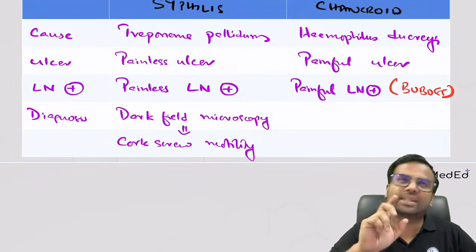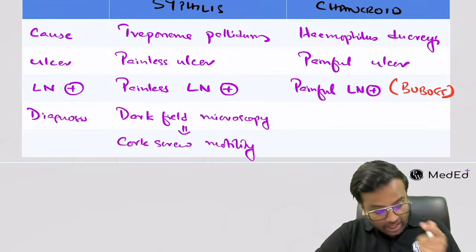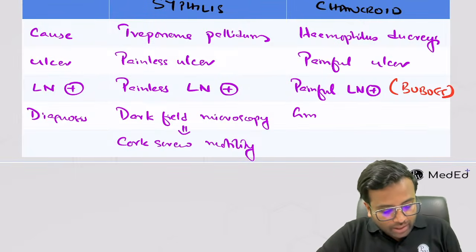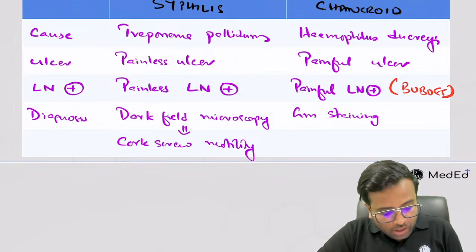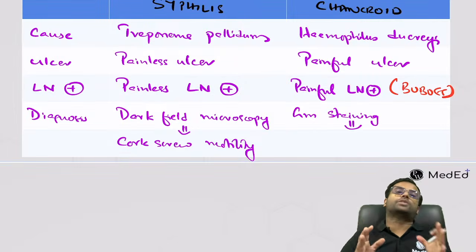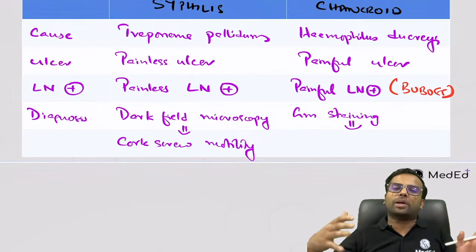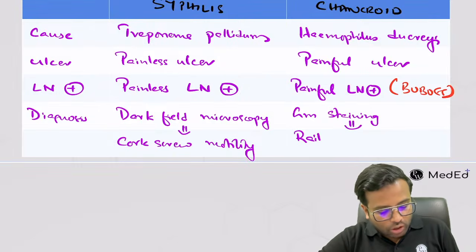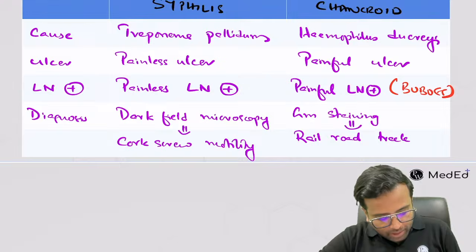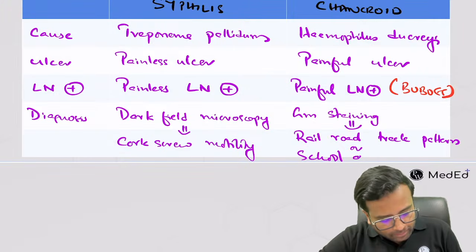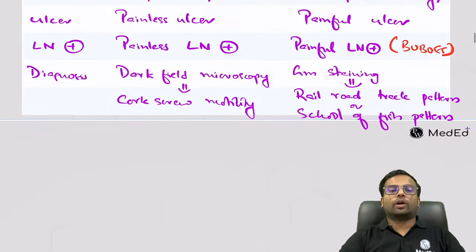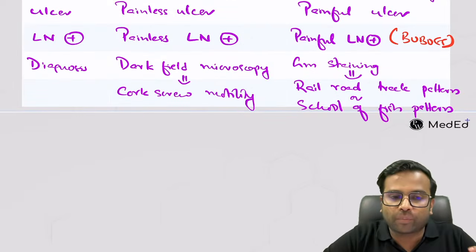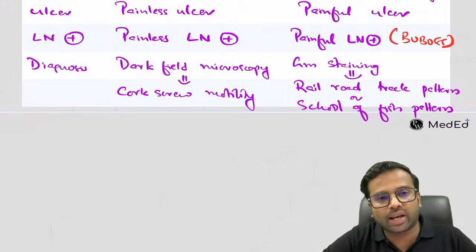When it comes to chancroid, we can go for a gram staining, because when you do a gram staining, you can see that these bacteria are organized in a very peculiar pattern, a railroad track pattern or a school of fish pattern. That is how you can diagnose chancroid.